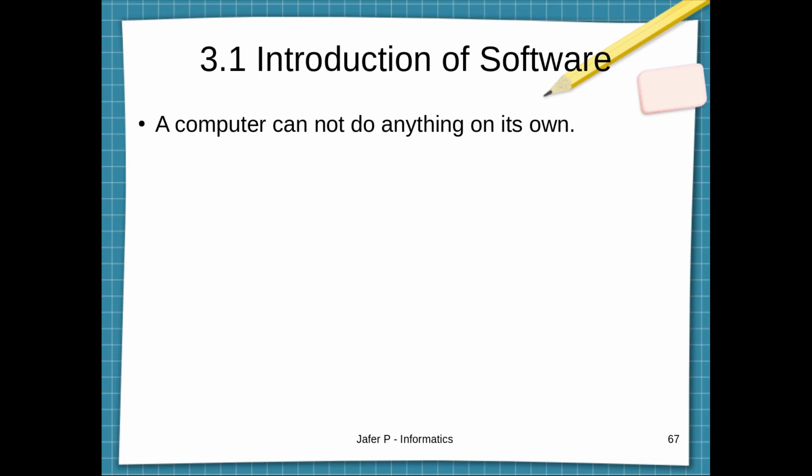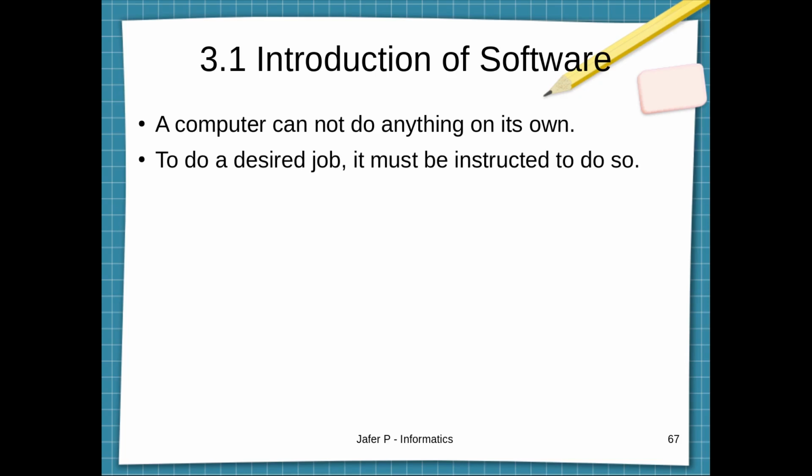So a computer cannot do anything on its own. We have to help the computer to do something, right? To do a desired job, it must be instructed to do so. We have to instruct the computer system what the computer wants to do.